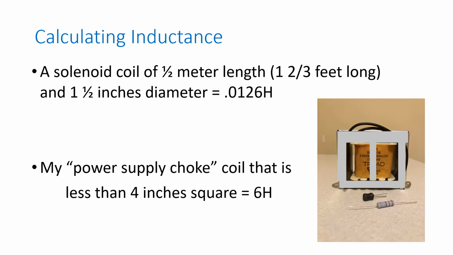Inside the frame of this part, there is laminated iron all throughout here. So the coils are wrapped around the center core of the laminated iron, and magnetic lines of force start circulating on this side and on that side.